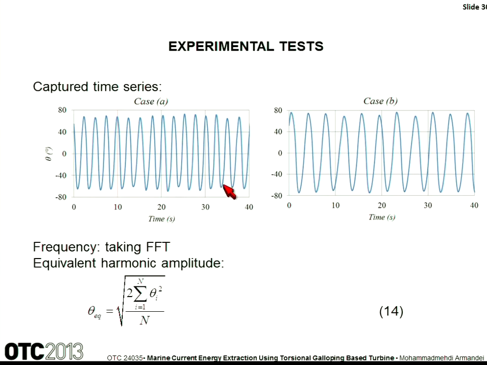As you can see, they are very similar to harmonic functions. So we used the fast Fourier transform to find the response frequency, and the equivalent harmonic angle to find the response amplitude.